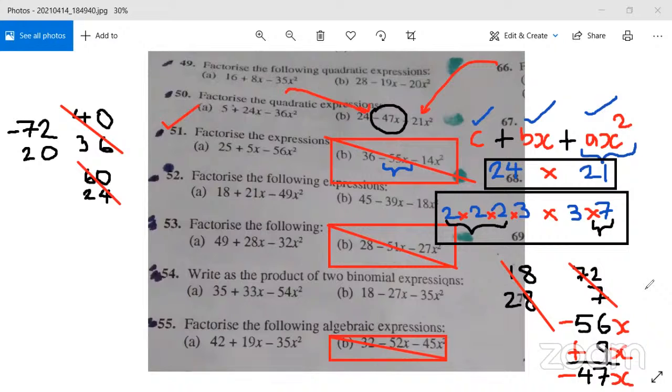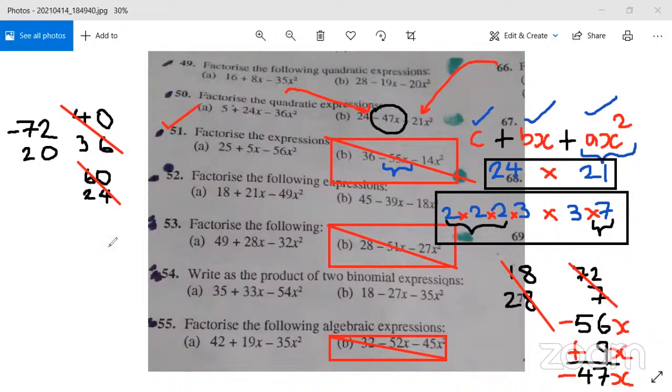Right? So to me, the toughest part is identifying the correct pair of numbers that will replace the middle term. Once you get over that hurdle, the rest of it is a cakewalk afterwards. It really is, right?